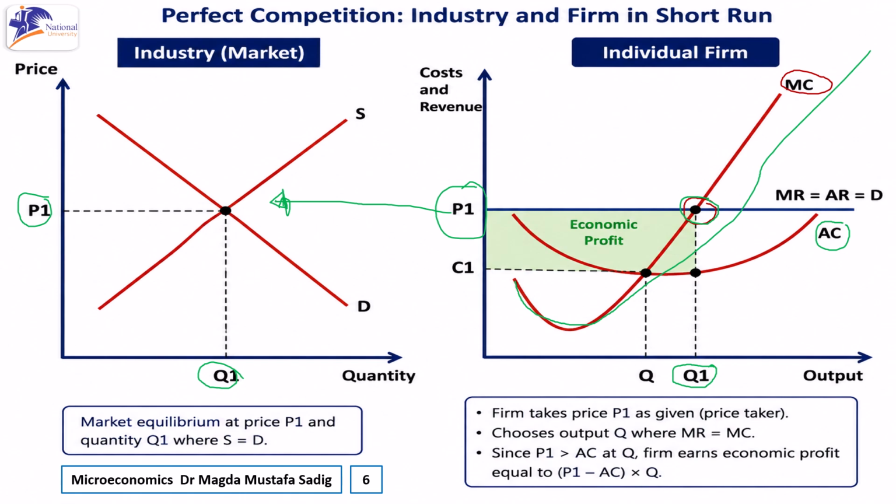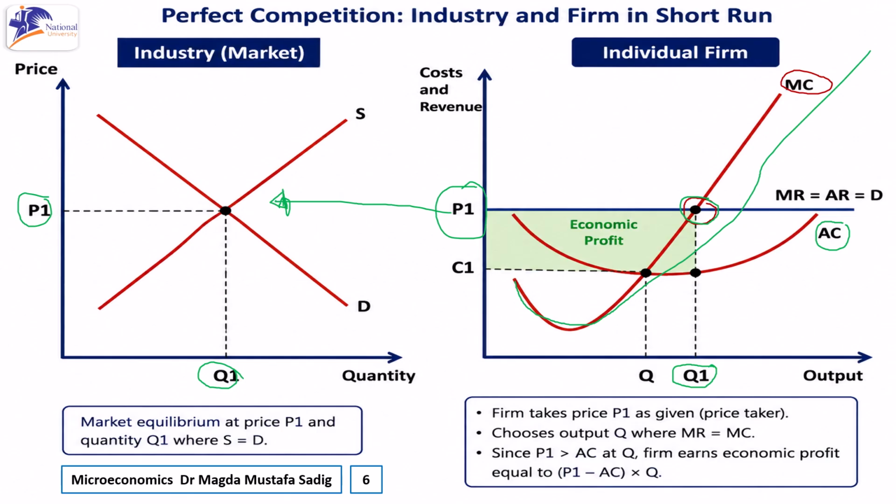So look at the blue squares underneath the curves. It says market equilibrium at price P1 and quantity Q1, where supply equals demand. So the firm takes price P1 as the given price. That is why we call the firm a price taker.